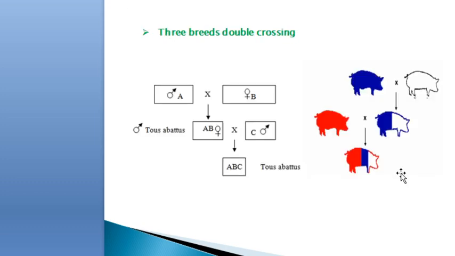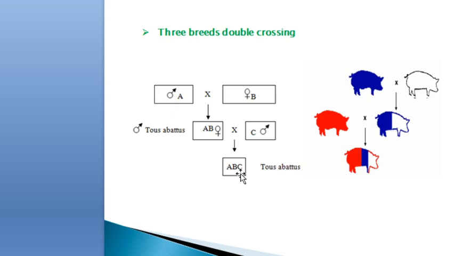Okay, now we have three breed double crossing, where we have breeds A and B that are put together for the F1, where all the males are being slaughtered for meat, and then all the females are crossed with a parental breed C to produce ABC, all slaughtered.